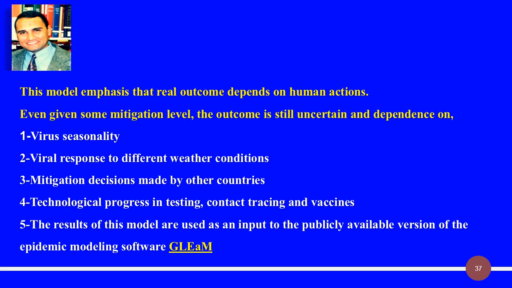Even given some mitigation level, the outcome is still uncertain and depends on virus seasonality, viral response to different weather conditions, mitigation decisions made by other countries, and technological progress in testing, contact tracing, and vaccines. The results of this model are used as an input to the publicly available version of the epidemic modeling software GLEAM.